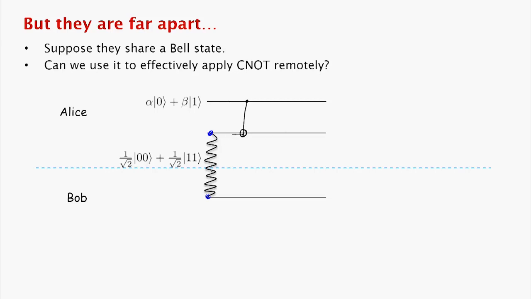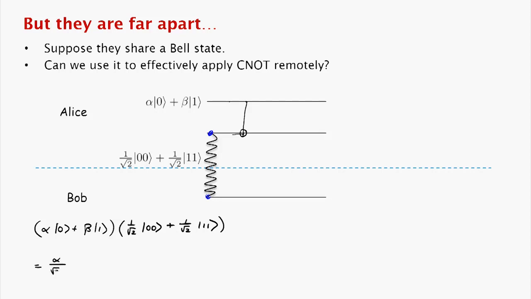Okay, so now let's figure out what the state of these three qubits is after she applies the C0 gate. Well, first, let's figure out what's the state before she applied the C0 gate. Well, it was alpha 0 plus beta 1 for her qubit times 1 over square root 2 00 plus 1 over square root 2 11, which is what?